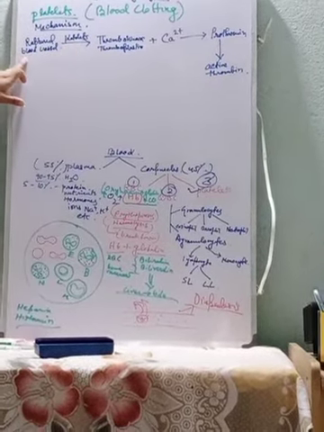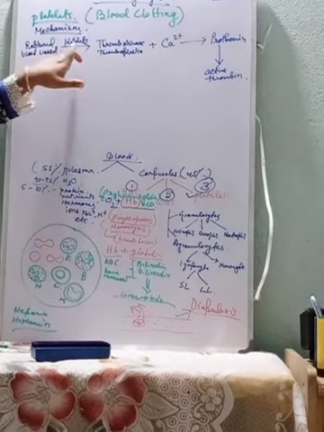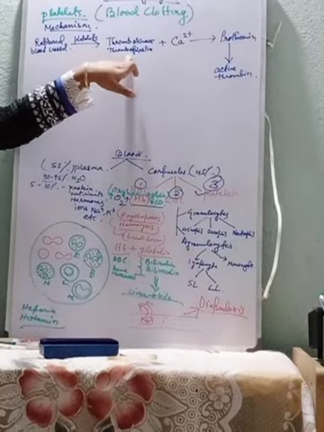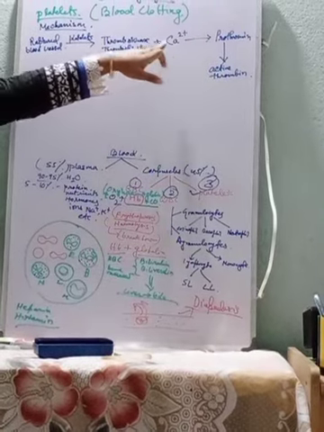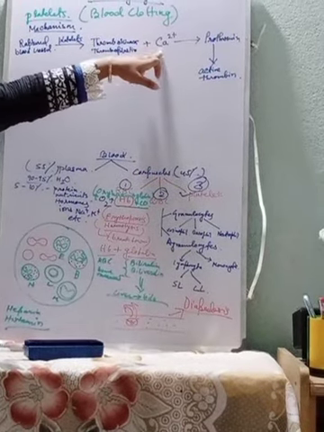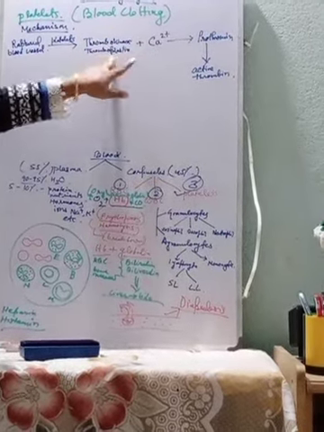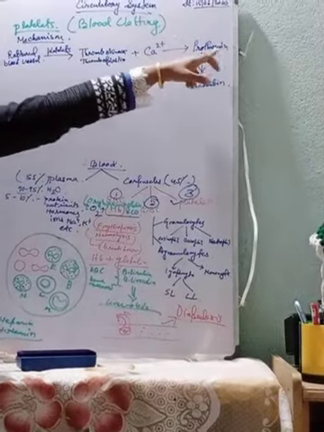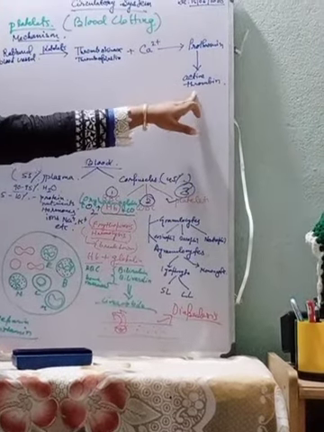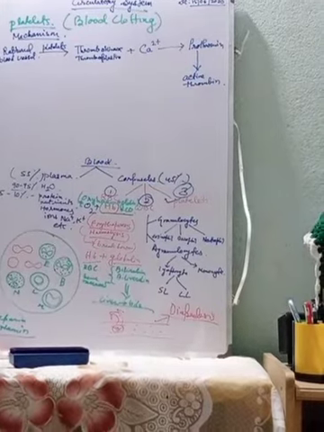When they see the blood vessel is ruptured, the platelets will come into play, they will release thrombokinase or thromboplastin, then they will add up with the calcium ion, and along with this, they will convert the prothrombin to active thrombin. Now this active thrombin will do the next step of work.